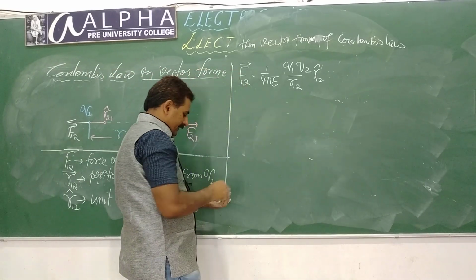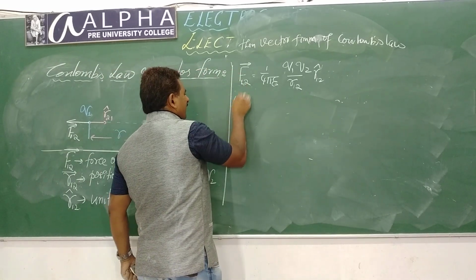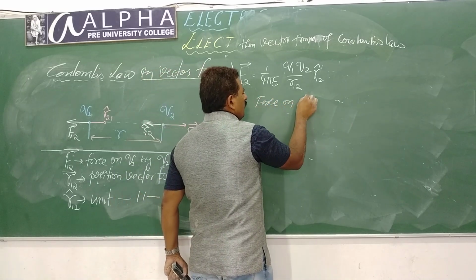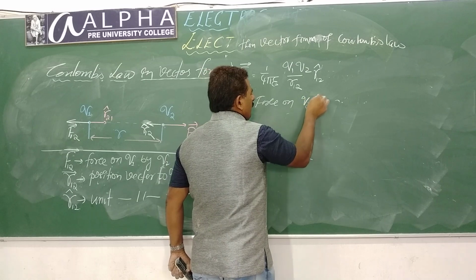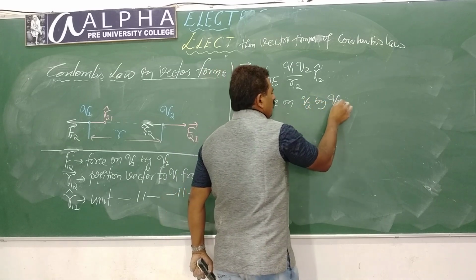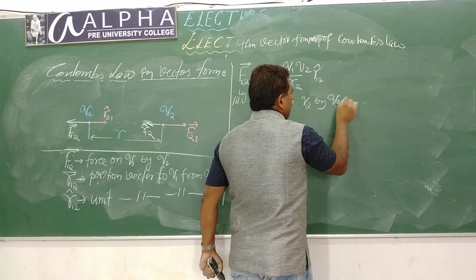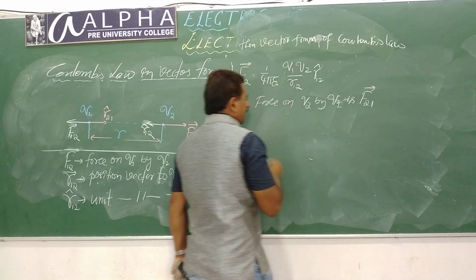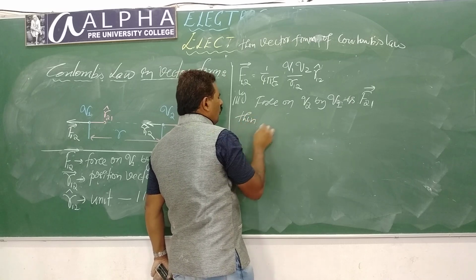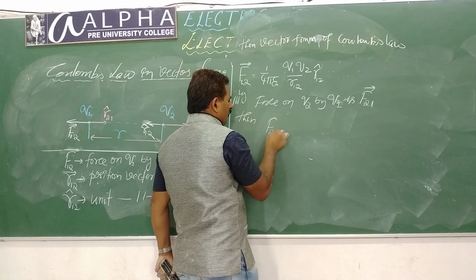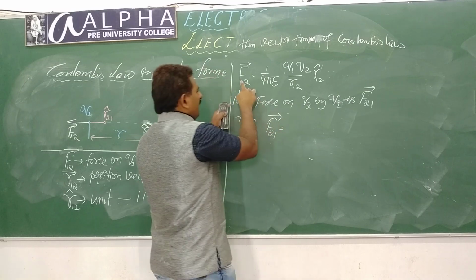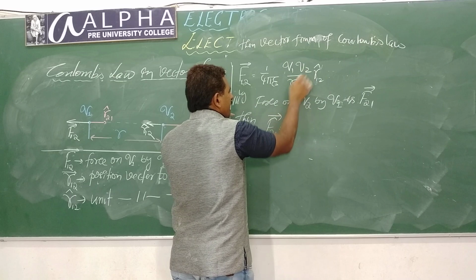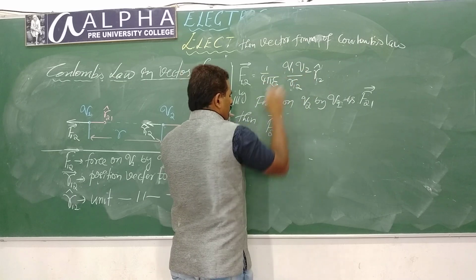Therefore, similarly, force on Q2 by Q1 is denoted by F21. Then how do I write F21? F21 is very simple, students. Like F12, R12, R cap 12, remaining things same. 1 over 4 pi epsilon Q1 Q2.